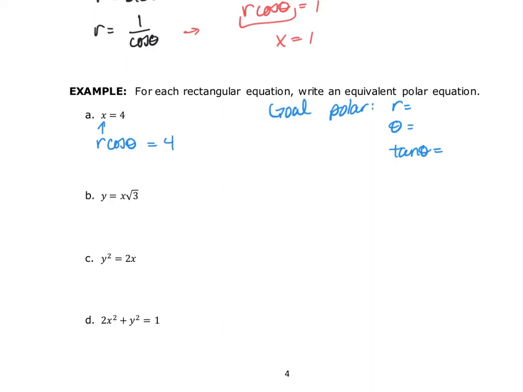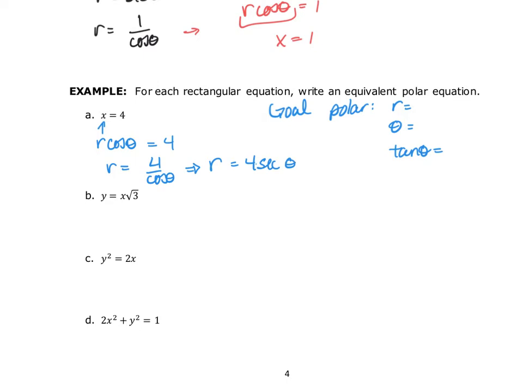We really want r equals or theta equals. I'm going to divide both sides by cosine theta, and so I get 4 over the cosine of theta. I'm going to replace cosine with its secant, so r is equal to 4 secant theta.